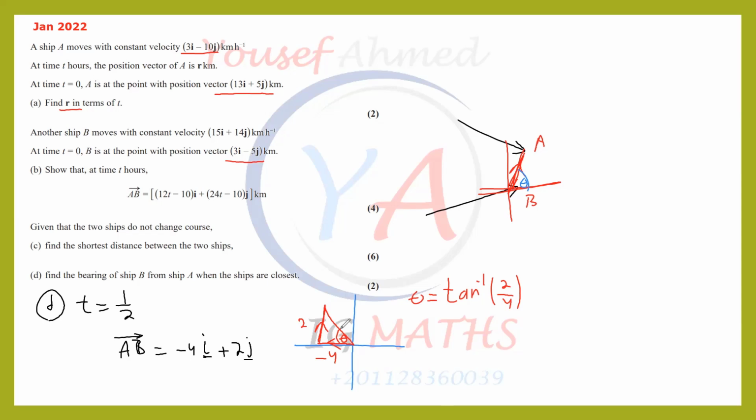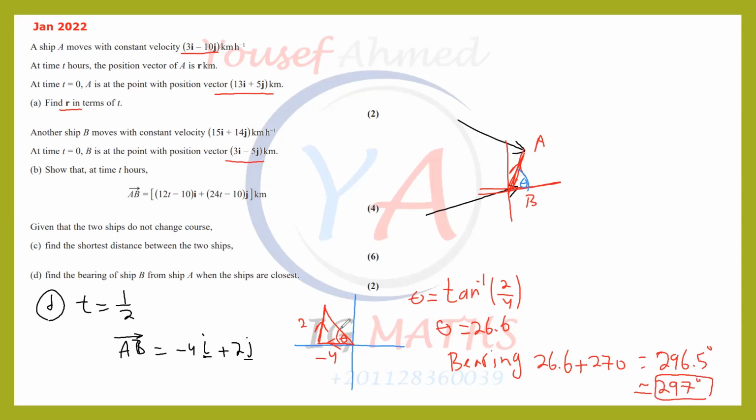It equals 26.6 plus 270. So the bearing is 26.6 added to 270, which gives 296.6, or we can say 297 approximately.